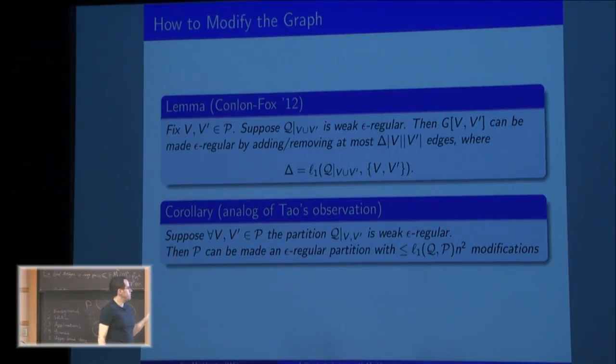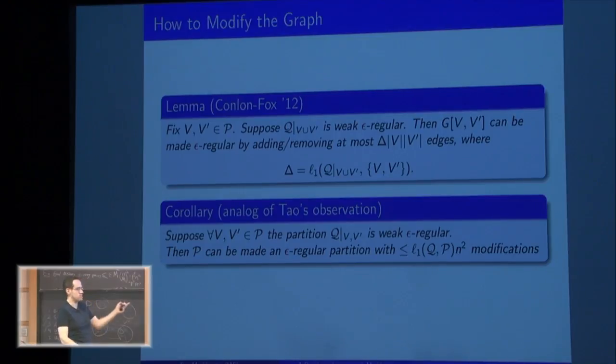Here is a corollary of that. Now let's get back to the original graph, where there are many clusters of P, not just two. If it so happens that when you induce the blue partition Q onto every pair of clusters V, V', you get a weak epsilon regular partition, so you can apply these modifications, then the implication is that P can be made epsilon regular by making L1 times n squared edge modifications.